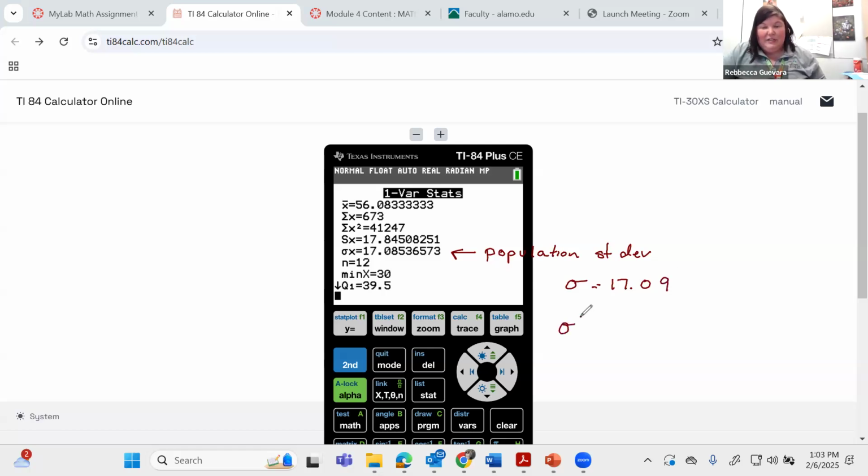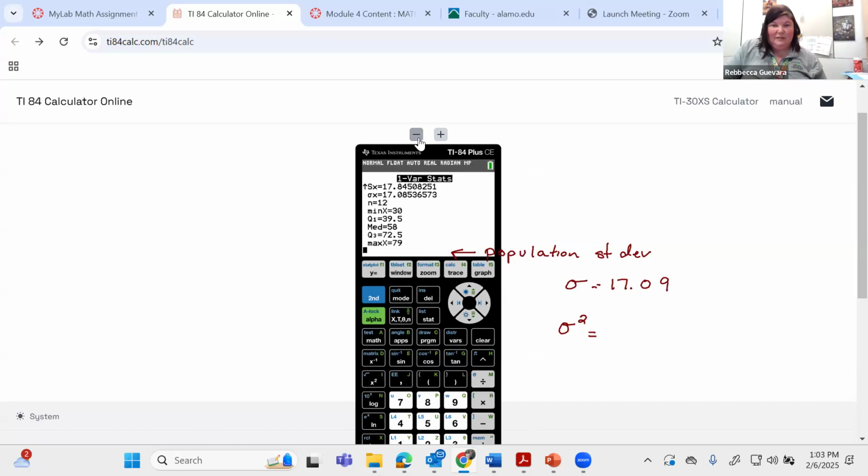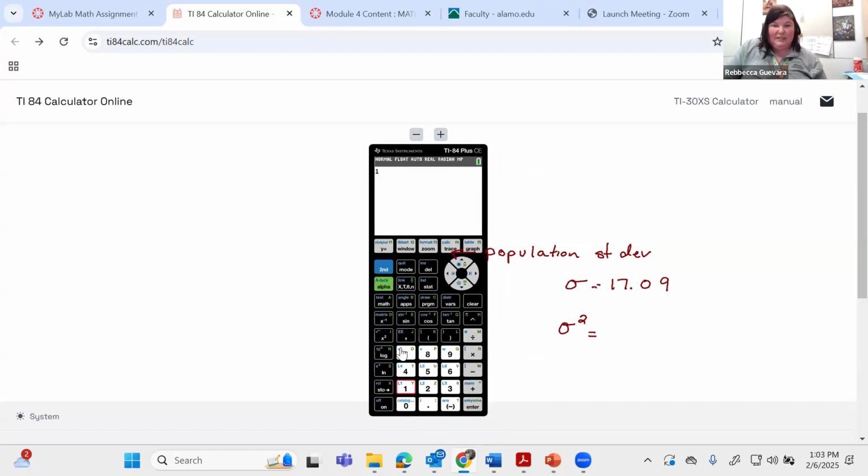So if I want my variance, I just have to square that. We could do that right on here, actually. So just go to the bottom of everything, so we're out of there. Make this smaller again. I'm just going to put in my 17.09. And then right here, you see this little caret.